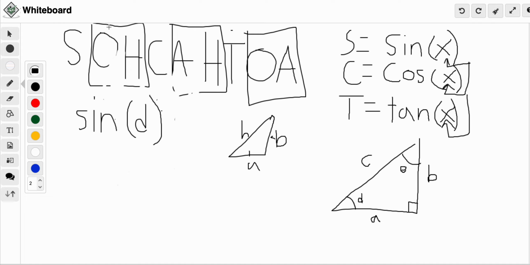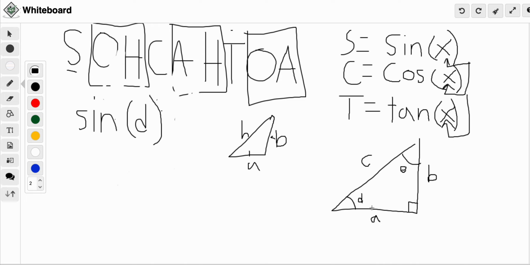Now let's go back to our fun little word here, SohCahToa. After the S, which means sine, I've written OH. OH stands for opposite hypotenuse, right? Correct? So, if we look at angle D and we want opposite hypotenuse, I should clarify, this means opposite over hypotenuse.